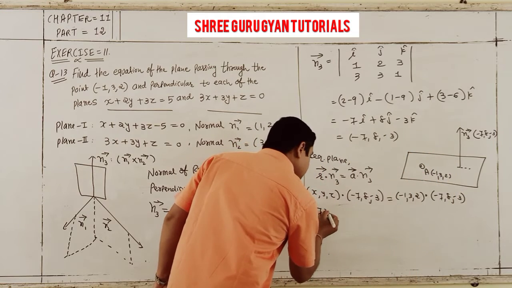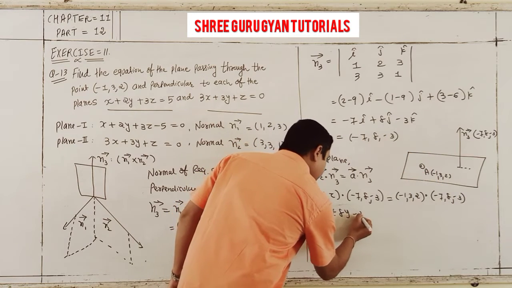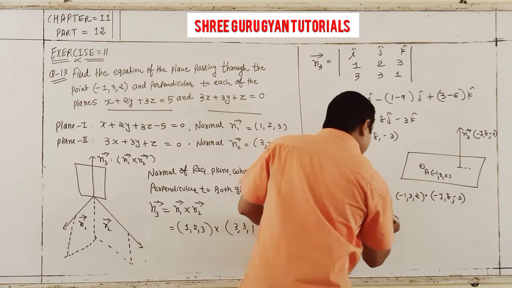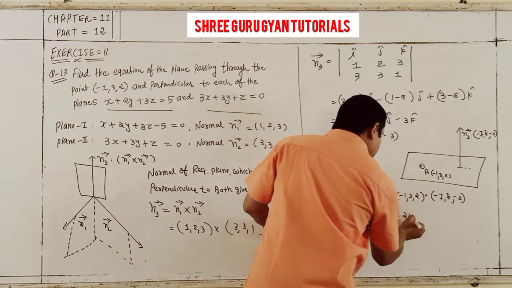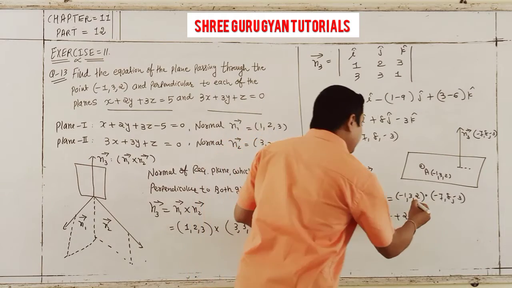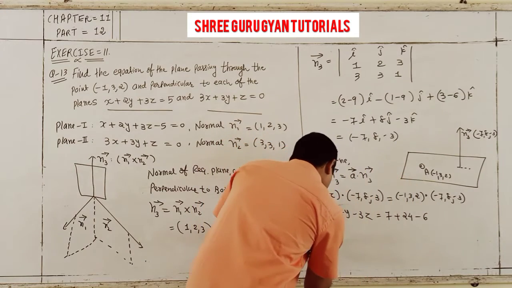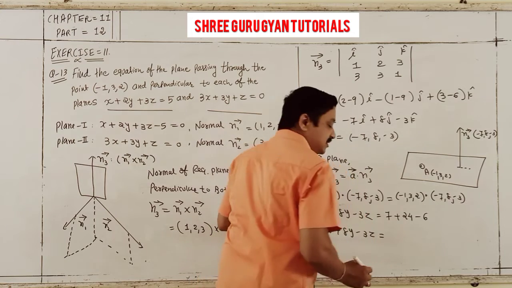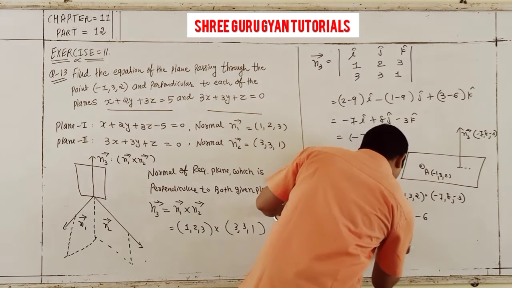So minus 7x plus 8y minus 3z is equal to 7 times 1 is 7, 8 times 3 is 24, and 3 times 2 is 6. So minus 7x plus 8y minus 3z equals 1 plus 24, that is 25.